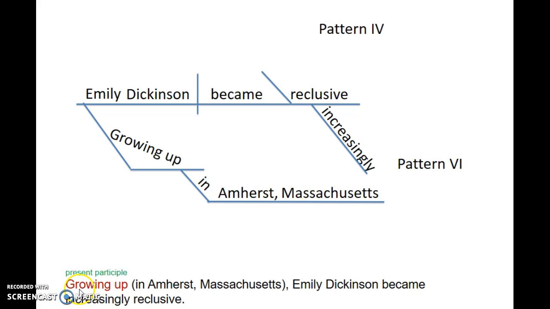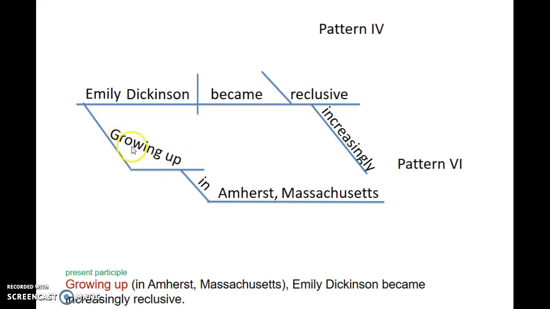So now we go up to this little introductory phrase, and we see an ing form. Growing up in Amherst, Massachusetts is telling us about Emily Dickinson, functioning as a participle. So it goes on the structure below the noun that it's modifying.